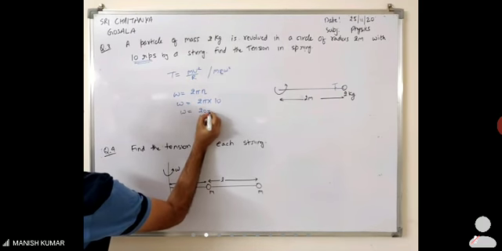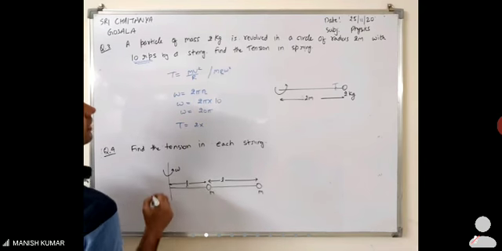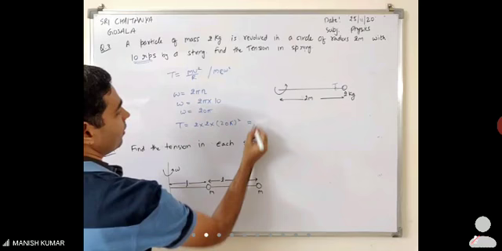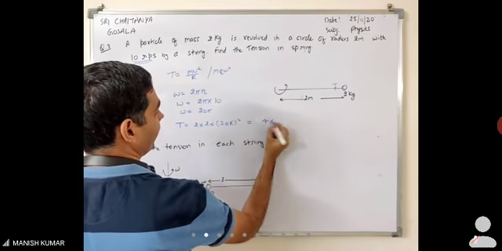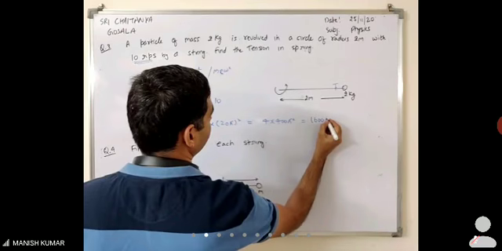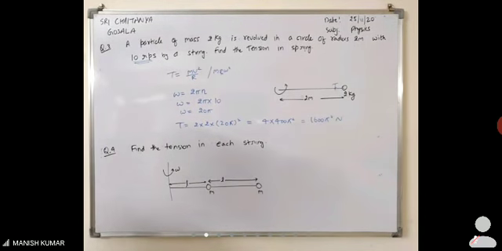So tension is mass, radius of revolution, that is 2, into omega square. So that will be 4 into 400 pi square, or 1600 pi square Newton. This is not the omega, this is frequency.